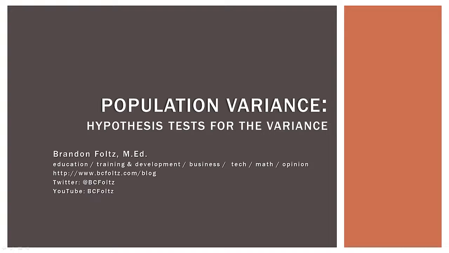So this video is the next in our series about analyzing variance. In our last video, we discussed how to construct confidence intervals for the variance. Now, this video is about conducting hypothesis tests for the variance. For this type of problem, we will test whether or not a sample variance meets the assumption of a hypothesized variance.